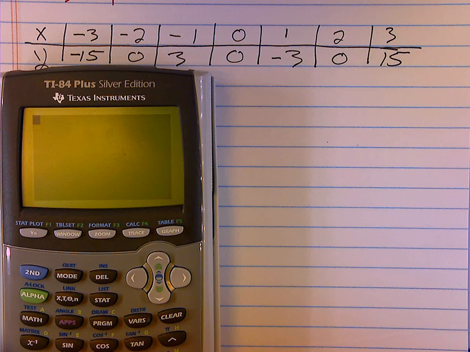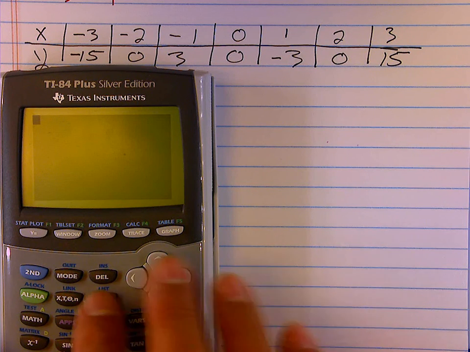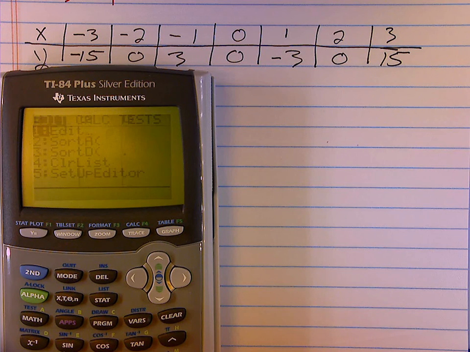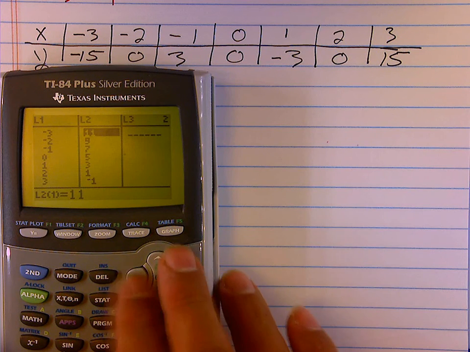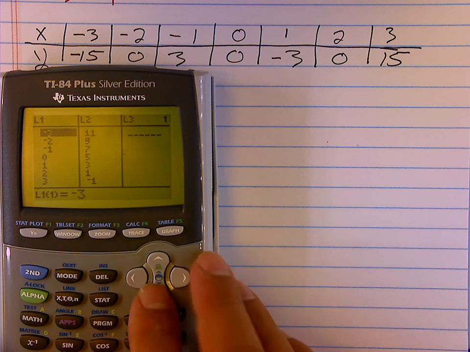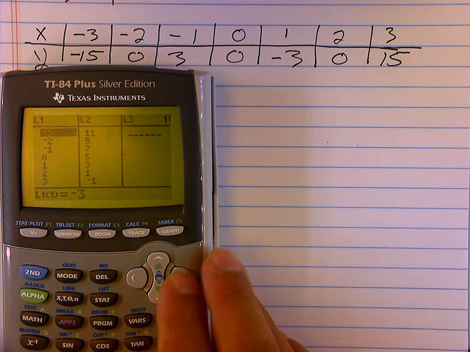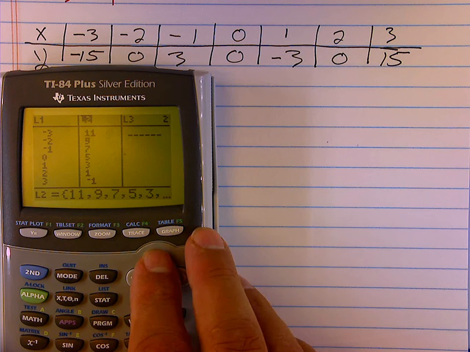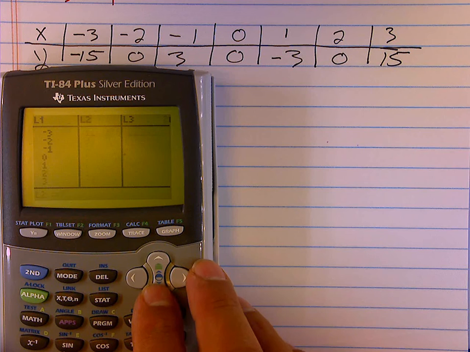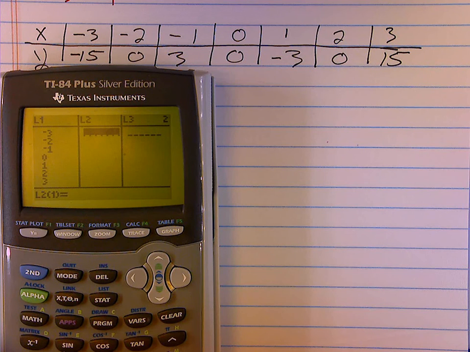Okay, we're going to attempt to do another polynomial regression. With this one, I'm going to go ahead and enter my data, stat, edit. Notice my x values are still from -3 to +3, so I don't have to change them. But I am going to clear my y values and re-enter the new ones.